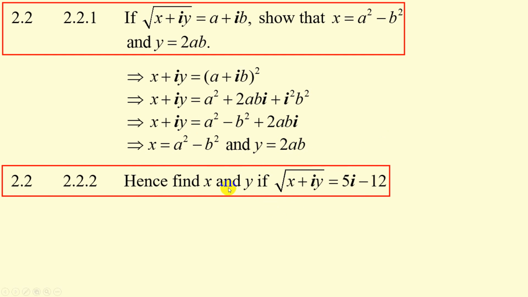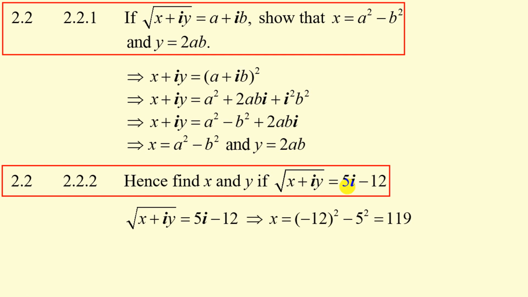So now we have to find x and y. If x plus iy equals the square root of 5i minus 12, to solve from here, all we have to do is substitute into here, a and b.